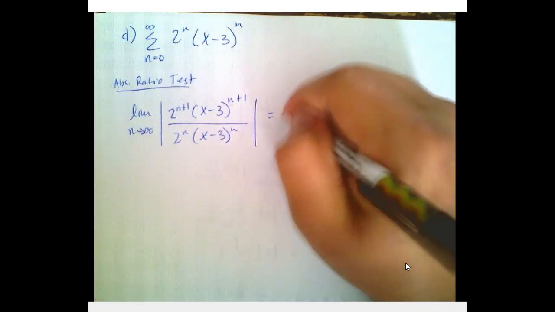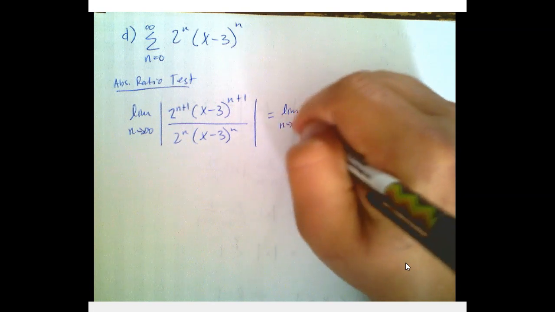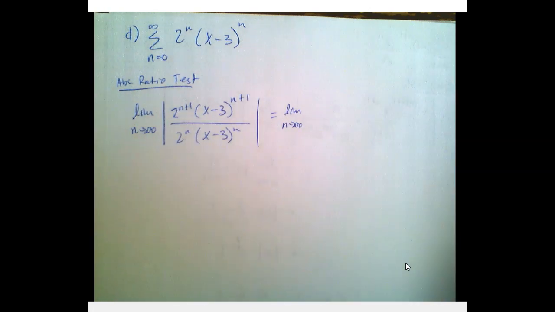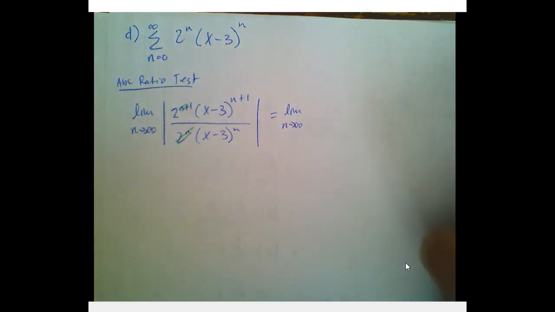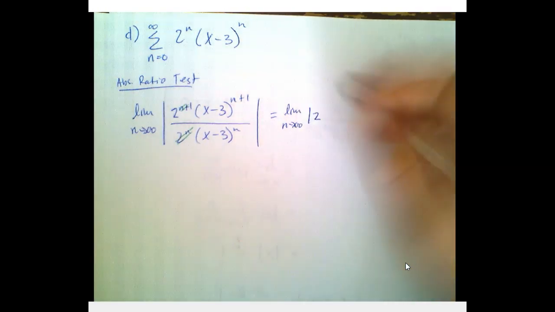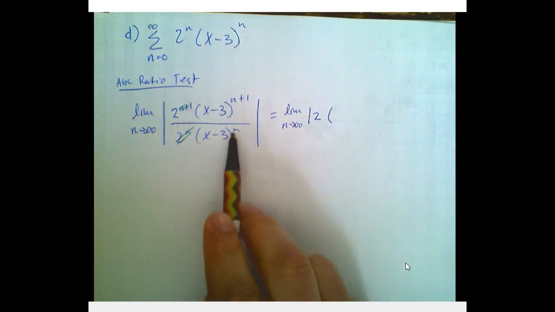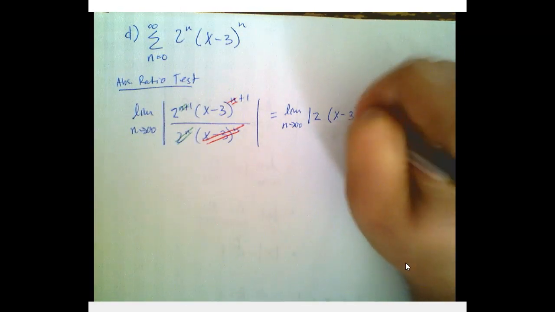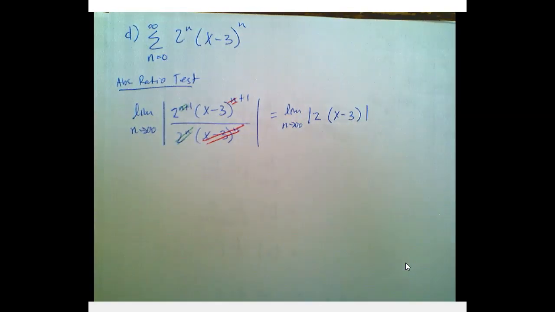Let's check our cancellation. Limit as n goes to infinity: 2 to the n plus 1 cancels with all of those n factors, so we are left with one factor of 2. Same thing happens here, so all n factors of x minus 3 cancel with n of those, leaving us with an x minus 3. Okay.